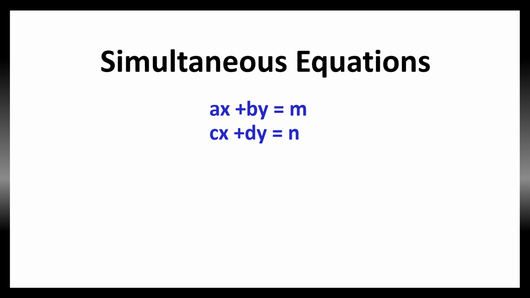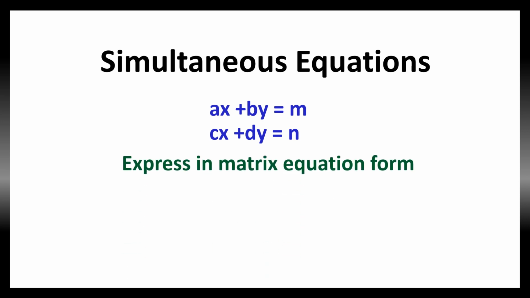For this purpose, we have to convert these equations into matrix equation form. And for making the matrix equation form, we have to create matrices out of these equations. For creating matrices, we have to consider the coefficients of these variables.